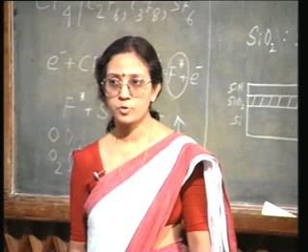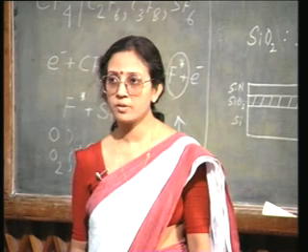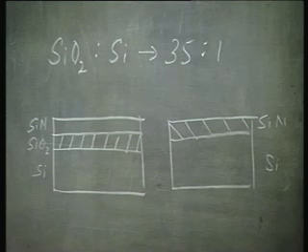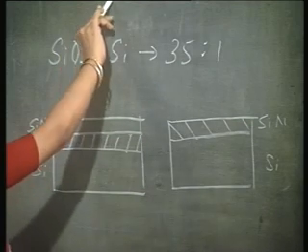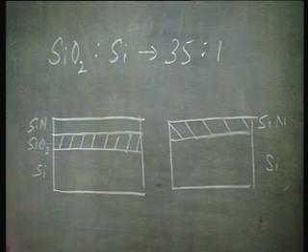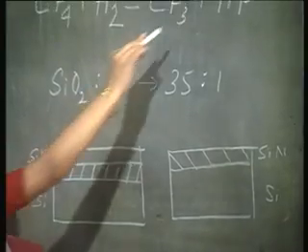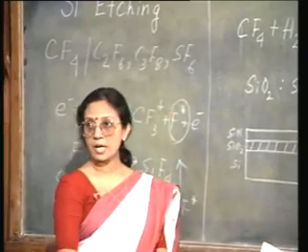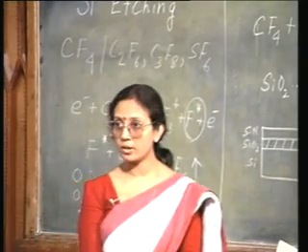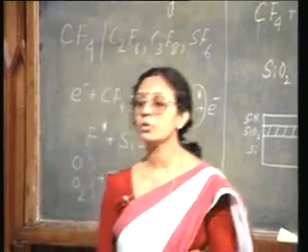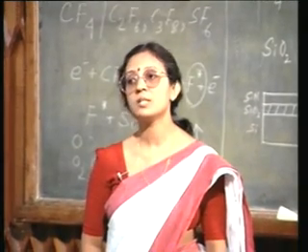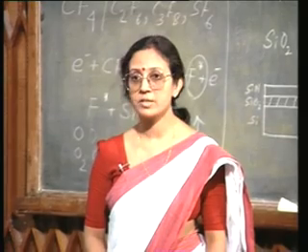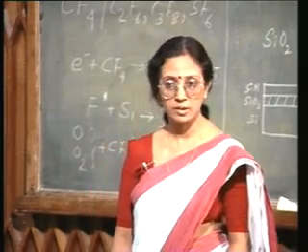So, you have two options. You can either use the feed gas with a little bit of hydrogen, just as in this previous case, so that the formation of this active fluorine species is suppressed and therefore silicon will not get etched. So, you will have good selectivity of etching silicon nitride over silicon, that is one possibility.